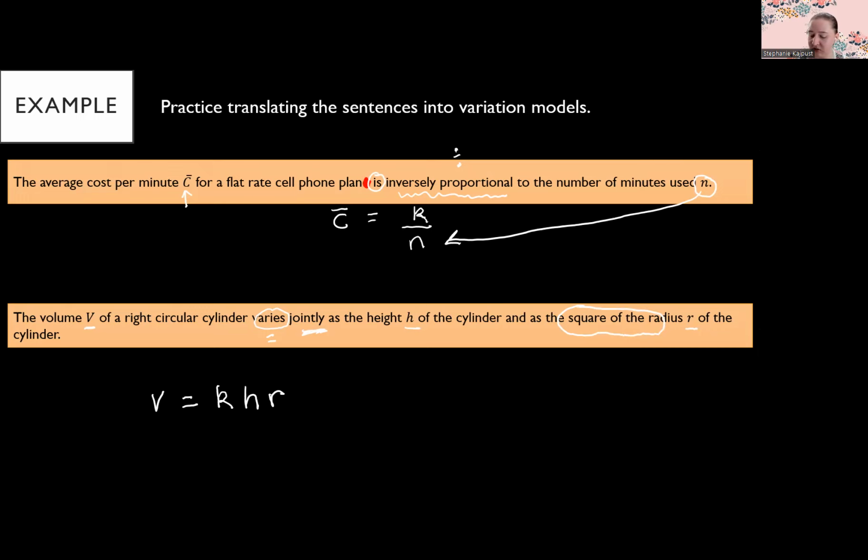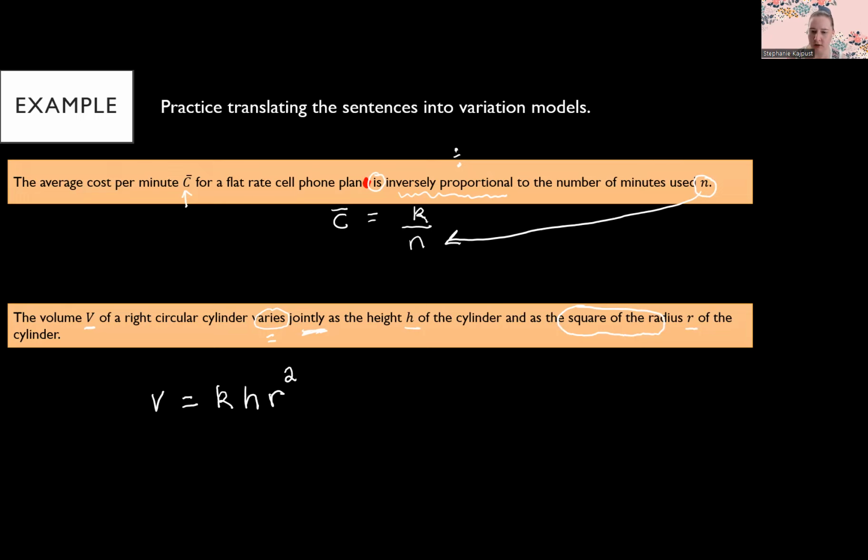So that word square is telling us that we are having an exponent of 2. We are squaring. While for the most part we're ignoring most of the words and just looking for the variable, you have to look for other words that are mathy, like square, square root, cube, that kind of thing, because those are part of the equation that you're writing.